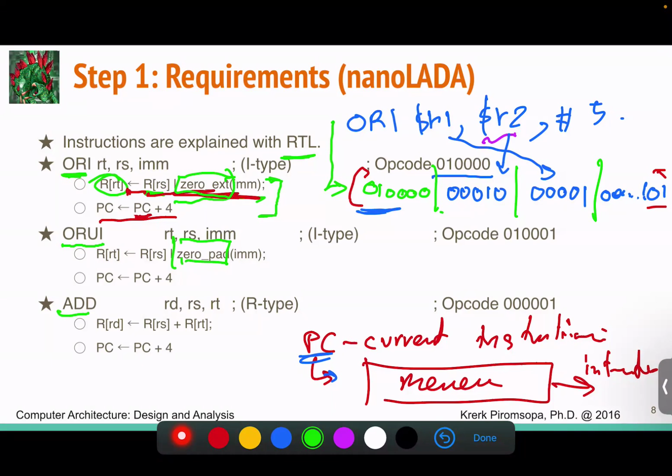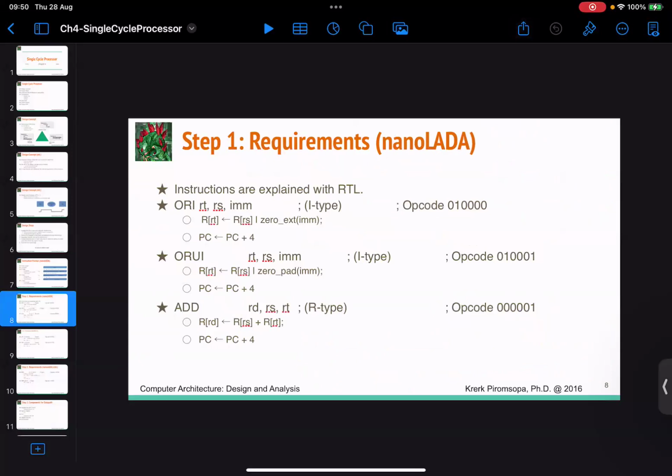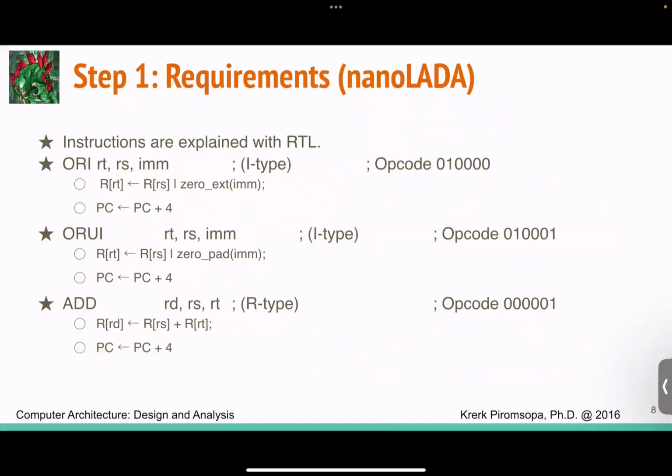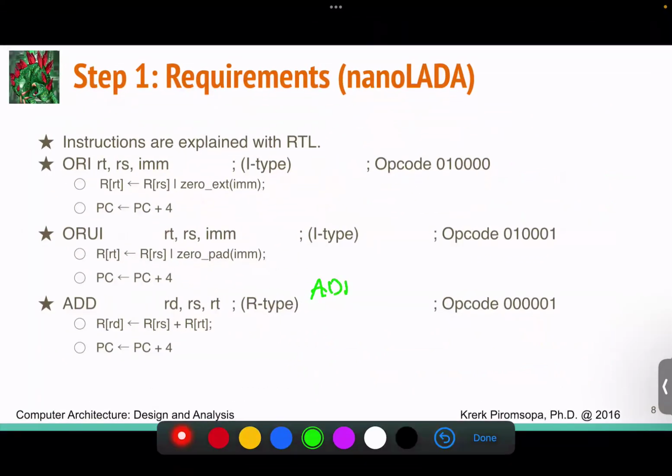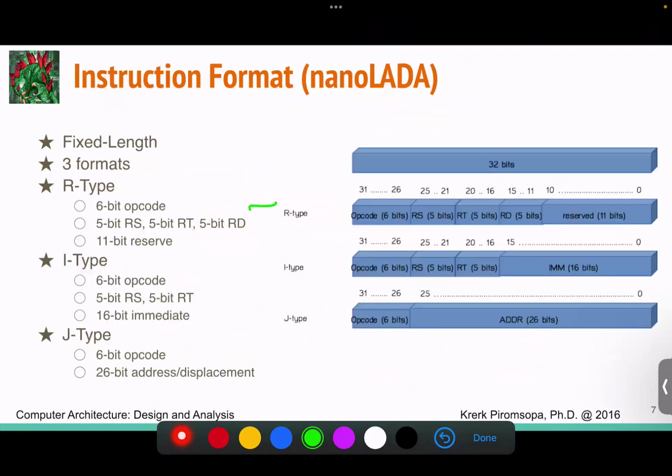Okay, so we've got OR upper immediate and add. So what is add? It's an R type. How does it work? When I write add, let's say R1, R2 and R3, it's going to translate to R type, which is this.